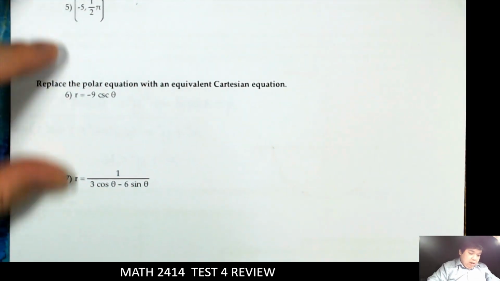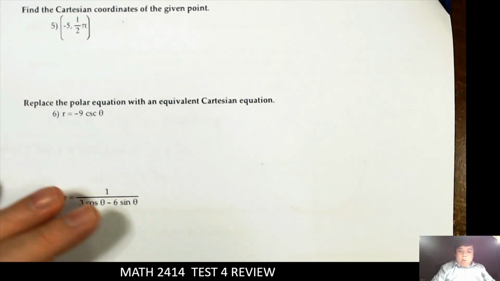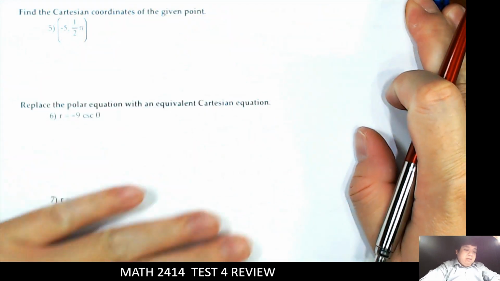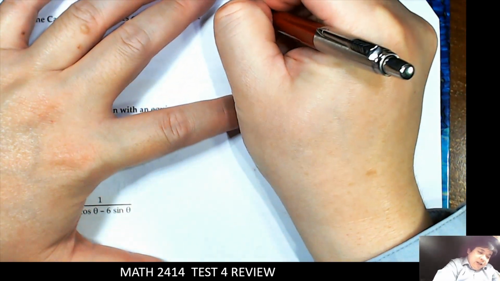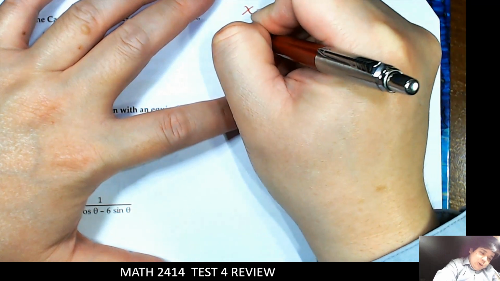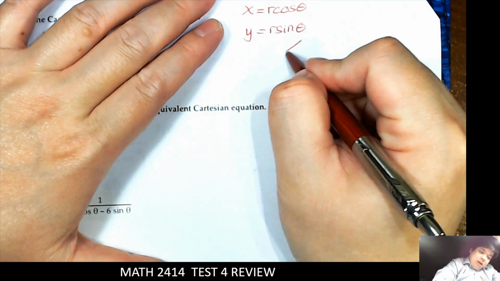The next 5 questions here involve the polar coordinates. We've seen this in precalc already. What we have is x equal to r cosine theta, y equal to r sine theta. So we have a triangle.